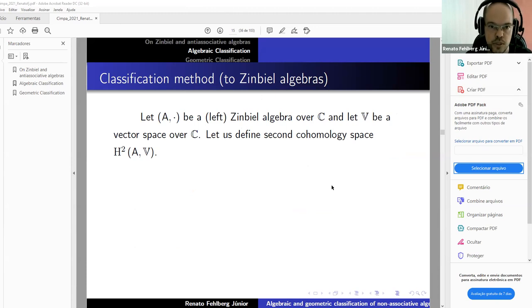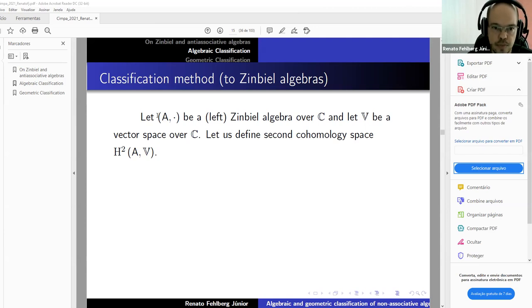So now I will start explaining the method to obtain the algebraic classification of Zinbiel algebras. And as I said, since the method is similar to the case of antiassociative algebras, I will only present the classification theorem in the final.